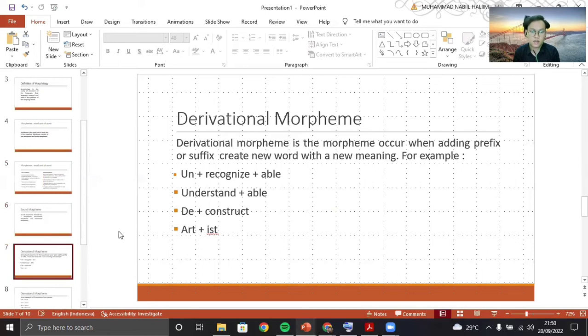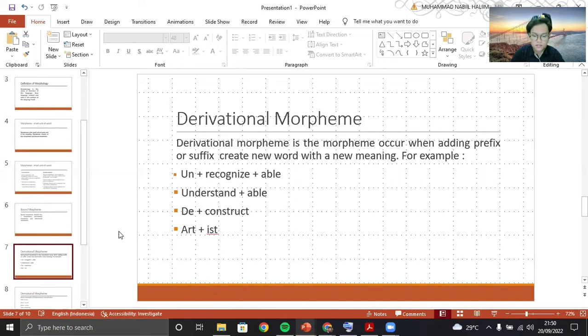For example, unrecognizable. Un is the derivational morpheme, and recognize is the root, and able is a derivational morpheme. Or you can say un is the prefix, recognize is the root, and able is the suffix.